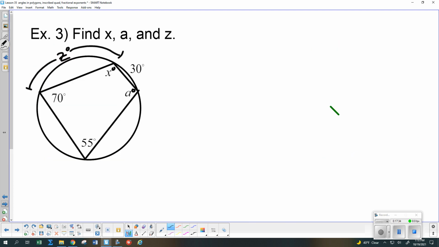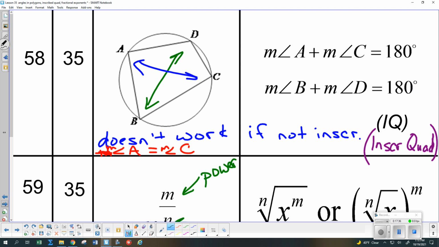So that is your next formula to write down. It does not work to say A and C are equal to each other. Look at B and D. They don't look anywhere close to equal to each other. This does not say opposite angles are congruent. This does not work in just any old quadrilateral.